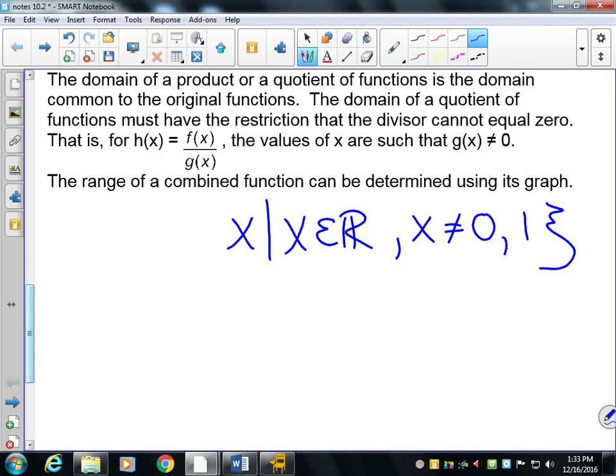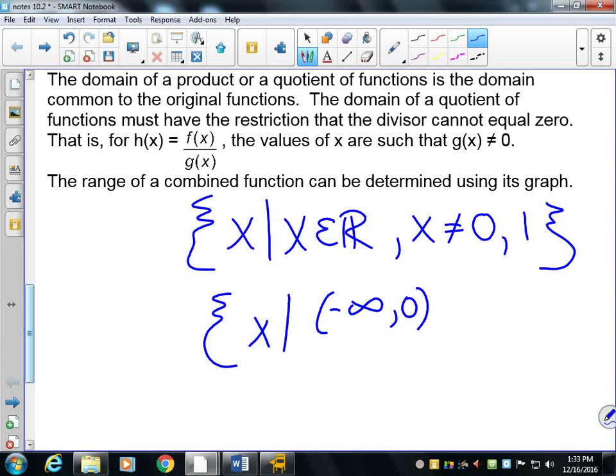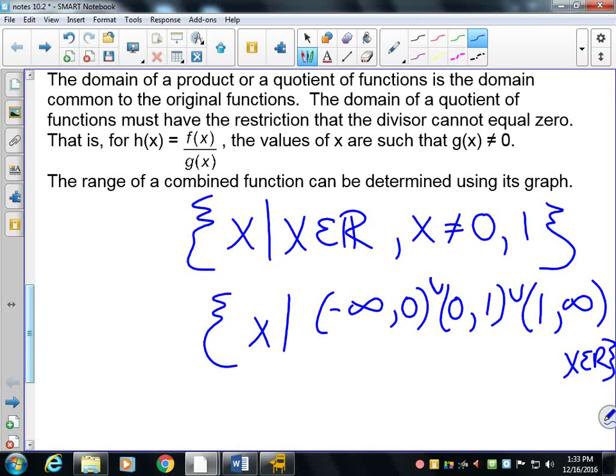Like that, okay? Lots of times they'll write x is an element of the reals, x cannot be 0 or 1. Another way that they write it is x such that x is from negative infinity to 0, from 0 to 1, from 1 to infinity, x is an element of the reals, and we should have unions in here, right?